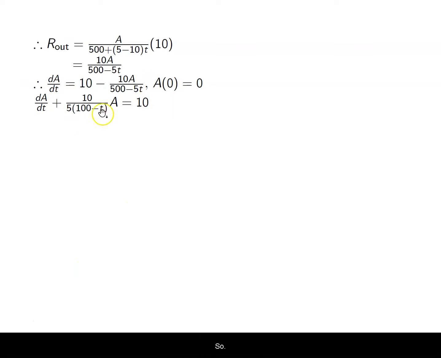So I can just add this over, and then it's in the form of a linear equation, where this is my P of t and this is my Q of t. You can tell right away that this is not the product rule, so I'm going to have to use the integrating factor.